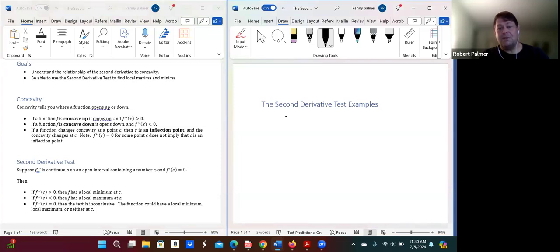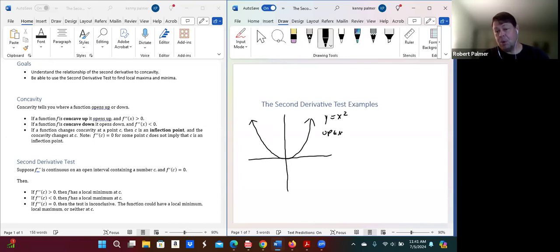The easiest way to talk about that is with functions we're familiar with. Look at y equals x squared. Obviously, this one opens up. You probably learned this when you were learning about quadratic functions. It opens up, which also means it's concave up.